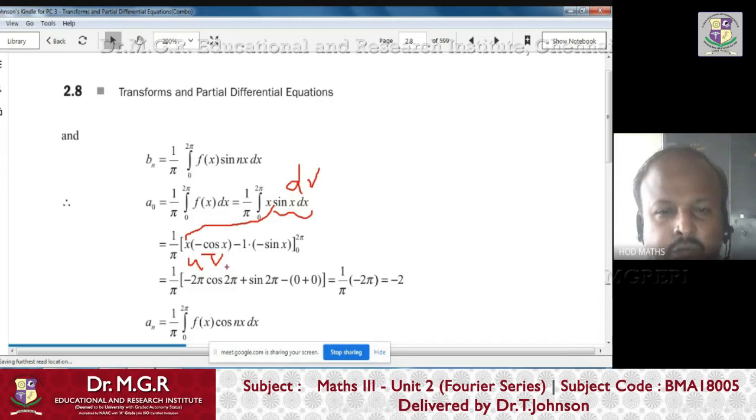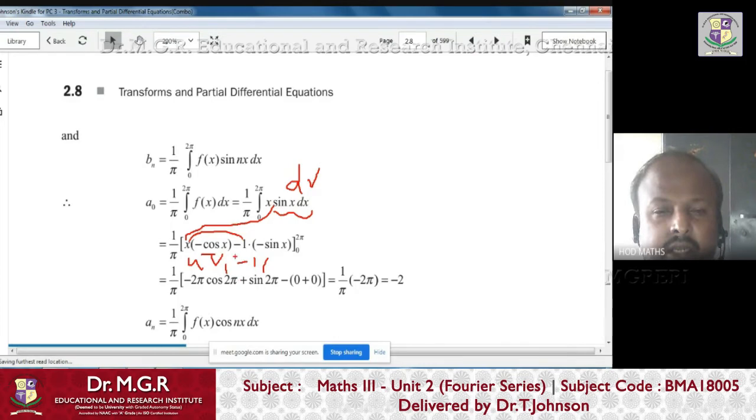So this is u v1 minus u dash. u dash means whatever u is here, you have to differentiate. So the differentiation of x is 1. So that is 1 into v2. v2 means whatever is in v1, you have to integrate. So the minus sign stays as it is. The integral of cos is plus sin, not minus sin. So minus minus, this becomes plus sign.